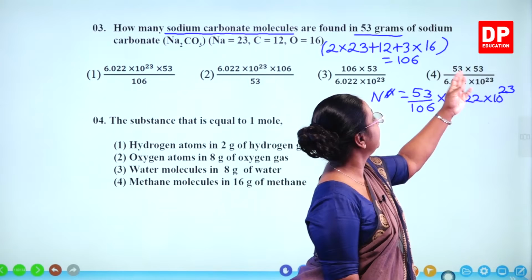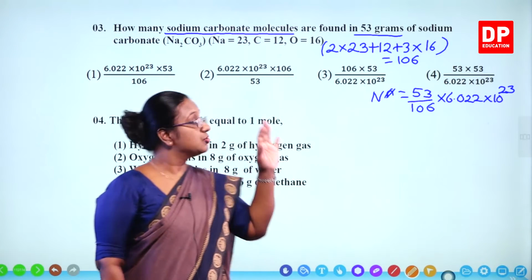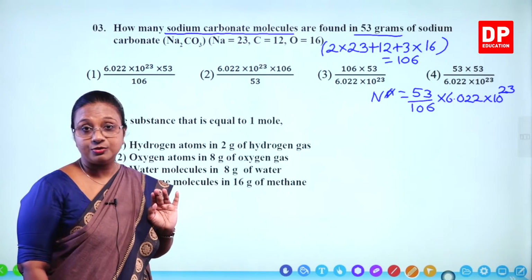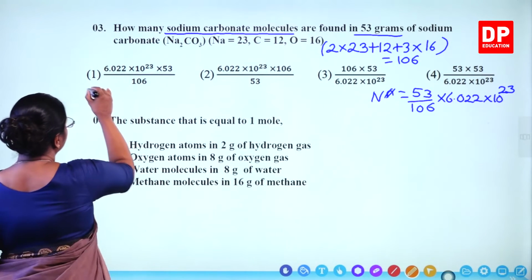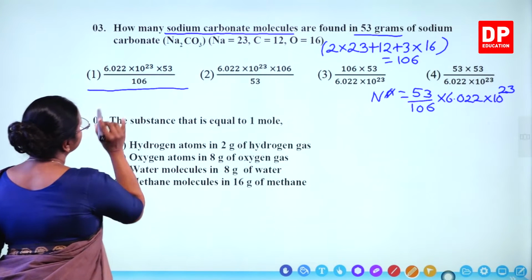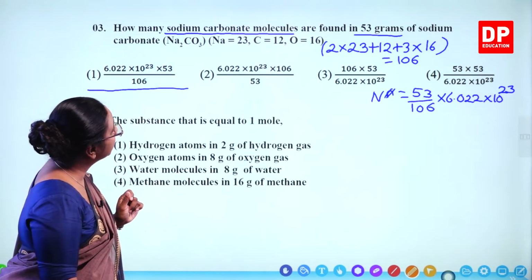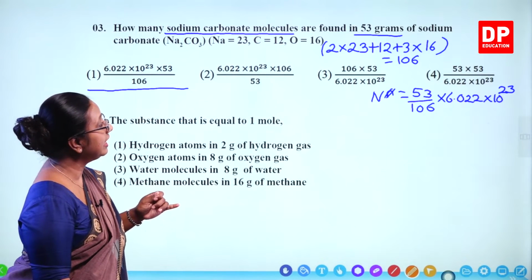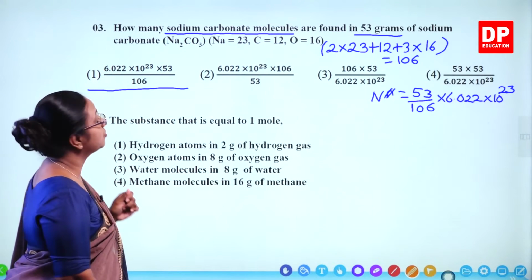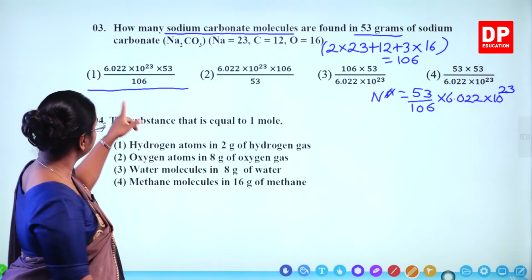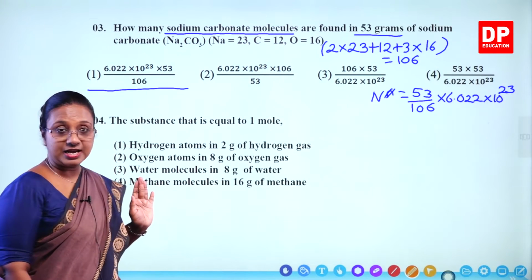Then again, here 53 into 53. So for a question like this, if you know what the equation is, it is easy for you to select the first answer. That gives you how many sodium carbonate molecules are found in 53 grams of sodium carbonate. Is that clear to you all? Okay, so it is the first answer.